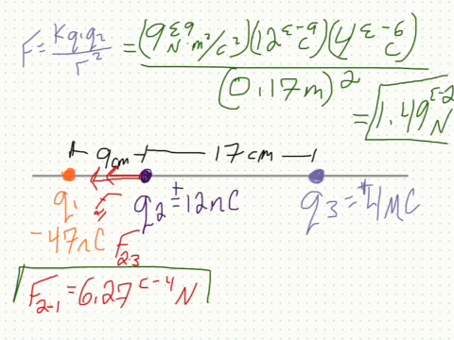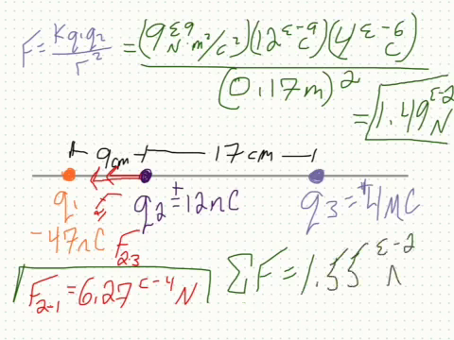And so the total force on Q2, I just add those two numbers up. So the sum of the forces on Q2 is 6.27E-4 plus 1.49E-2 newtons, which is 1.55E-2 newtons. And that is to the left.